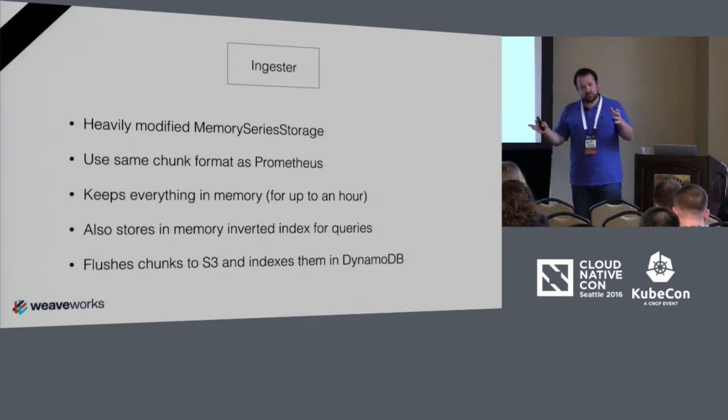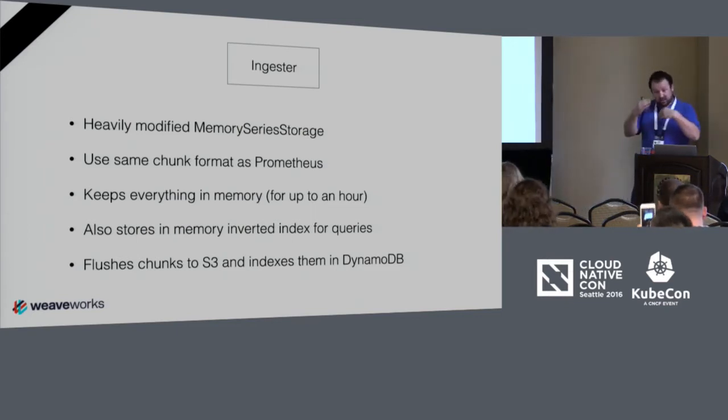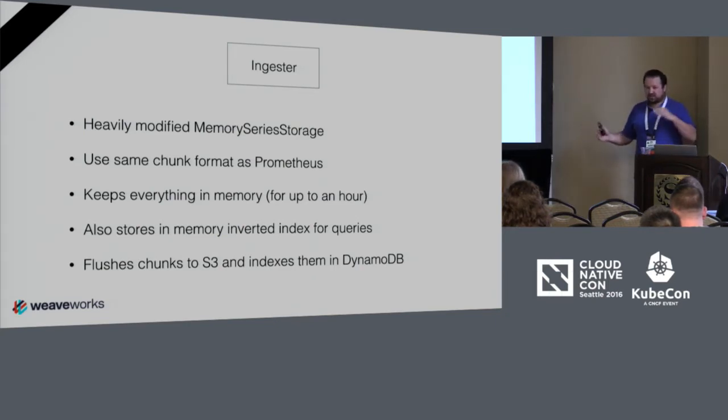So we take these samples, we batch them up into a 1 kilobyte chunk, and the chunk format does all sorts of in-memory compression on them. With the latest var-bit encoding, there are 3 different encodings for the chunk, but with the latest one, if I remember correctly, it's 1.3 bytes per sample. And a sample is 128 bits, so 16 bytes. That's like 12, 13x compression in memory with no performance overhead, basically.